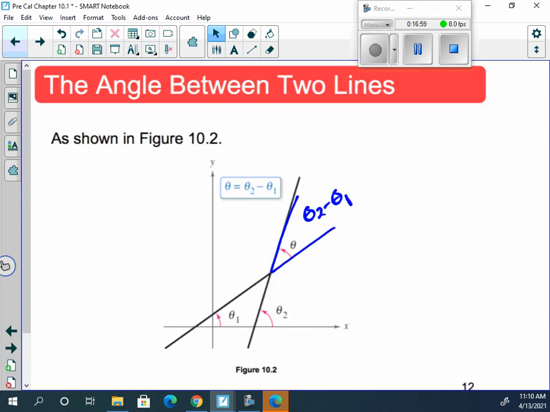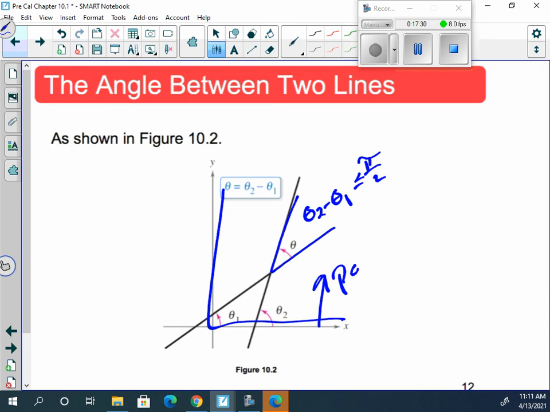Because this angle here, we said both of these are going to be less than pi, yes? And their subtraction here is less than or equal to pi over 2. So pi over 2 is this here. Both of our values for tangent are positive, because tangent is rise over run, positive.